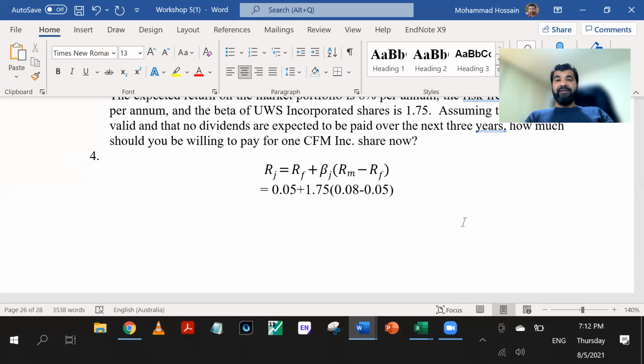What will be the answer? The answer will be 0.1025, which is equivalent to 10.25%.